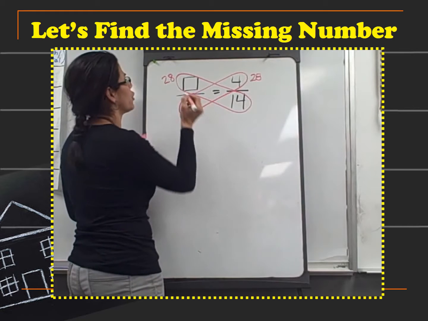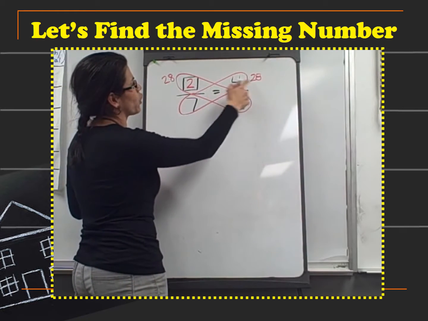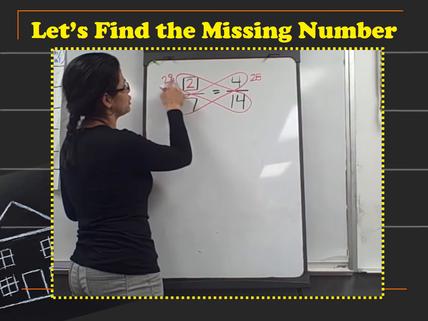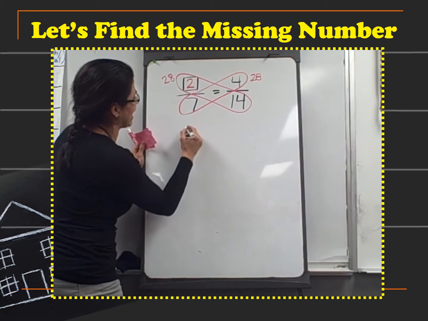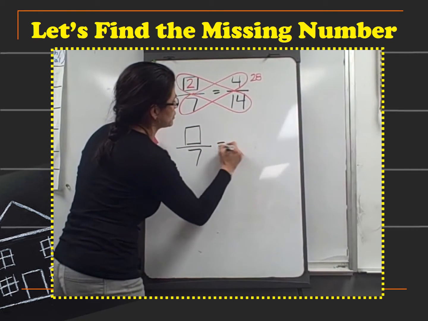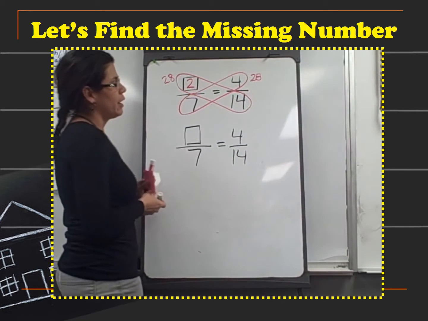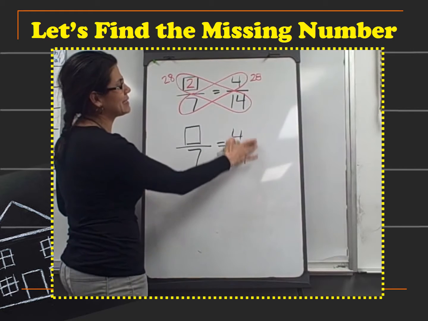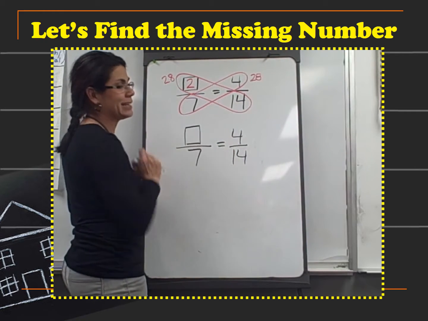That is correct. Your unknown number would be 2. 7 times 4 is 28. 14 times 2 is 28. All right, now let's look at the method using either multiplication or division. Okay? All right, you're going to notice that this is the side that I have a numerator and a denominator.